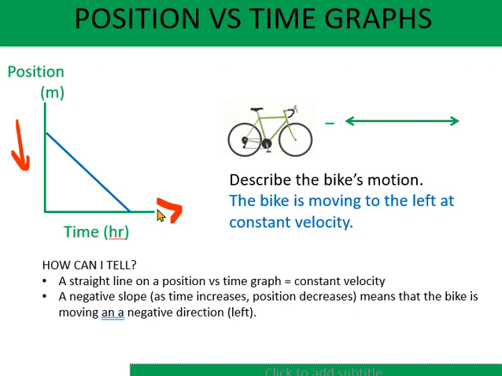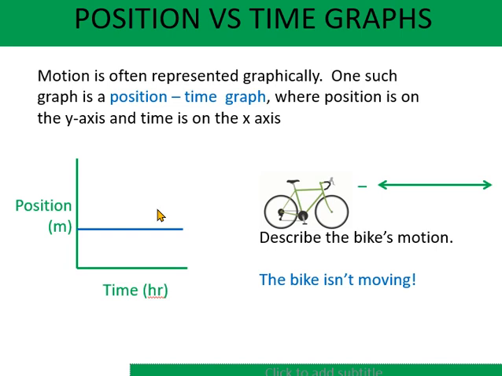We can say that the bike is moving to the left. It's moving to the left, and because the line is straight, we have constant velocity here. So here the slope is -1, it goes down. That's why we have the negative direction, to the left.